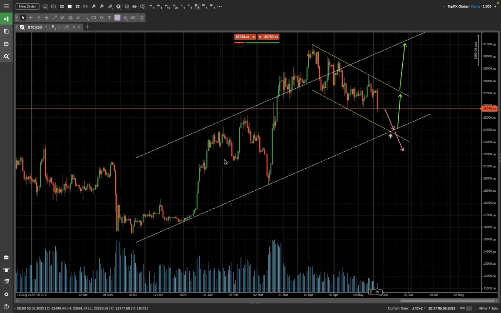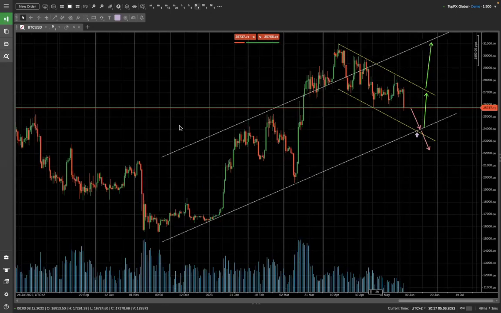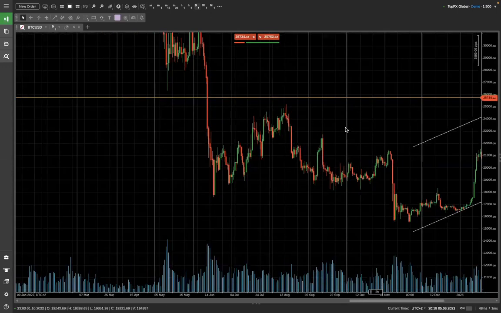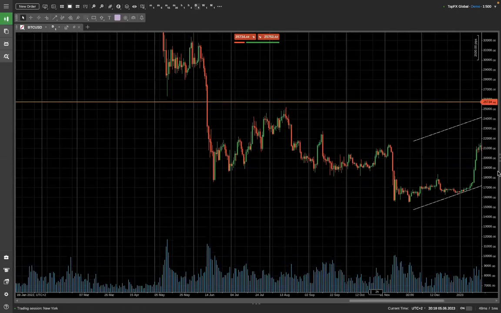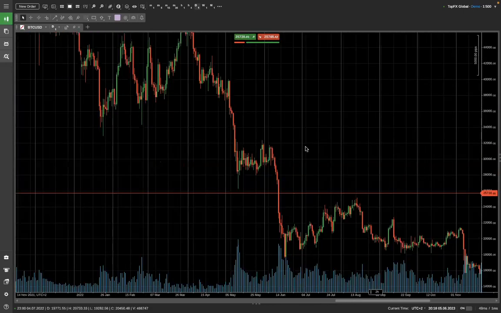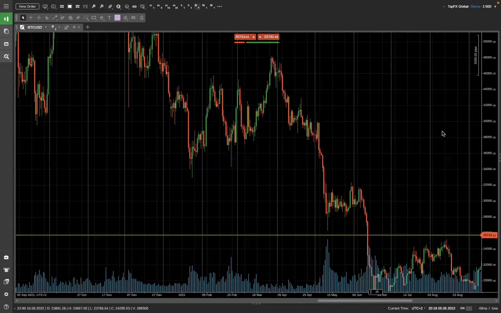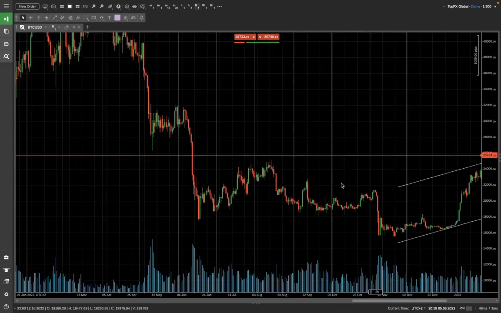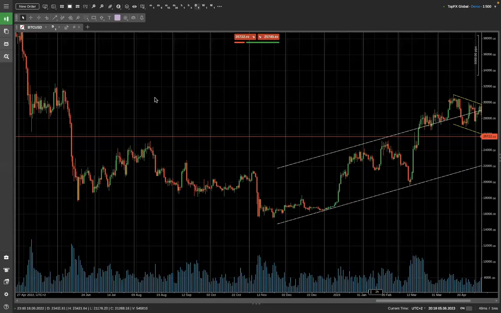Let's now find an example for you of some kind of horizontal channel on our chart. Let me take a look here. For the time being, I can find one, but I'm looking for a better one if I can find it. No, it's a very volatile market. It's moving in different directions.